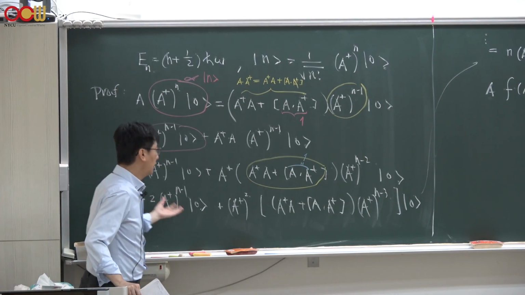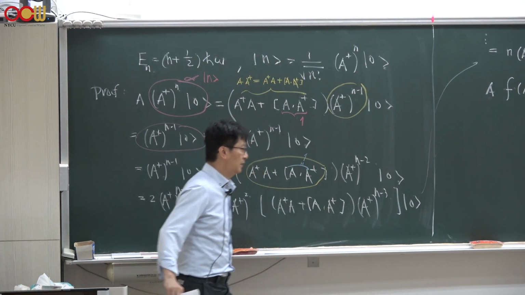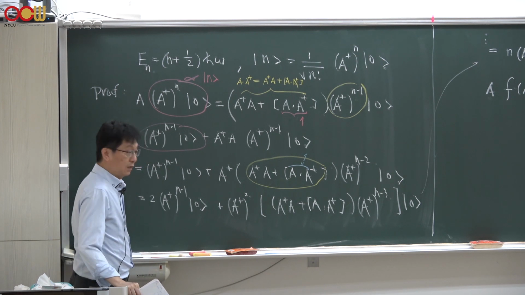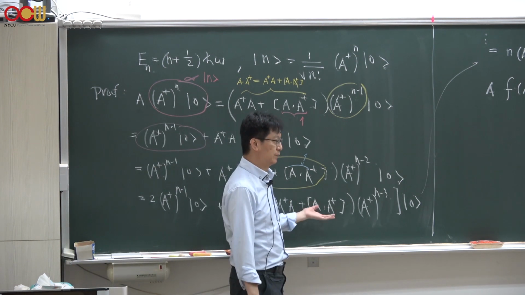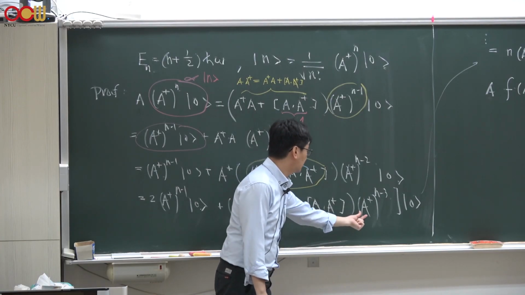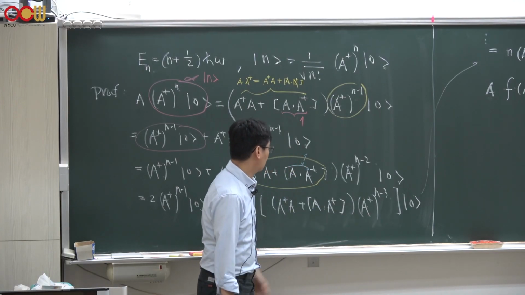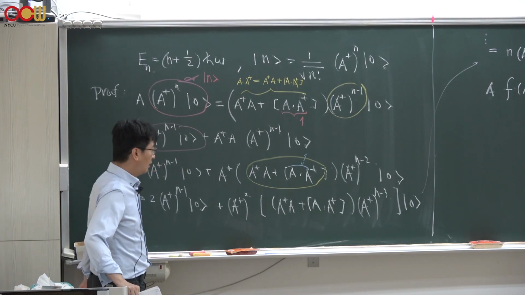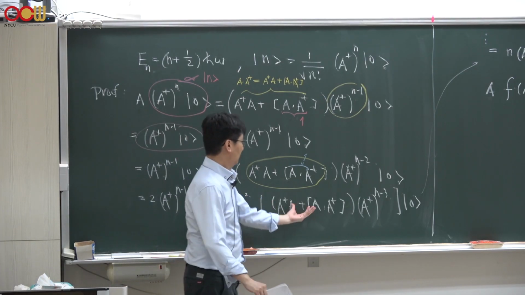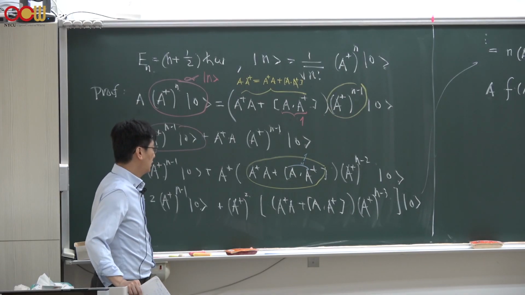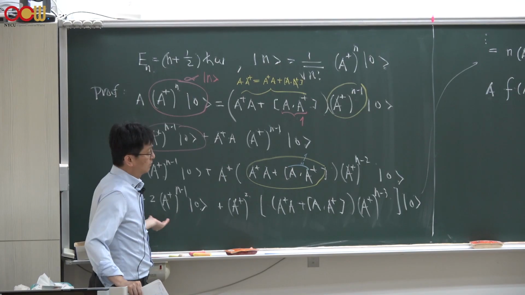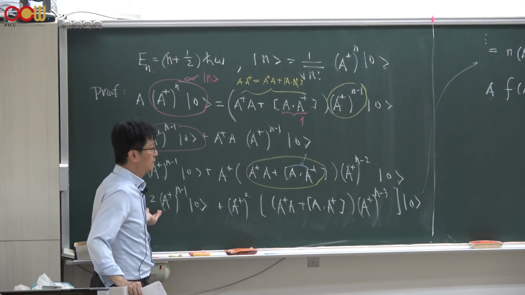But of course you get additional term which looks messy. But that's all right. So you could play the same game repeatedly over and over again. You simply just take one A dagger out of this power, and then play this trick, this commutation relation. So you then simply just collect the prefactor in front of the A dagger to the power of n minus 1.